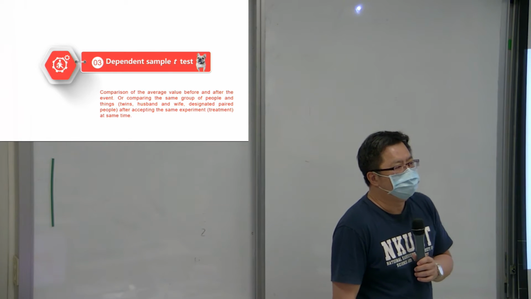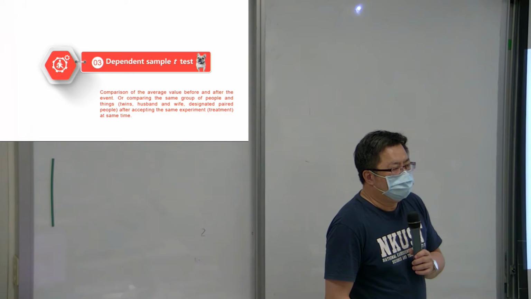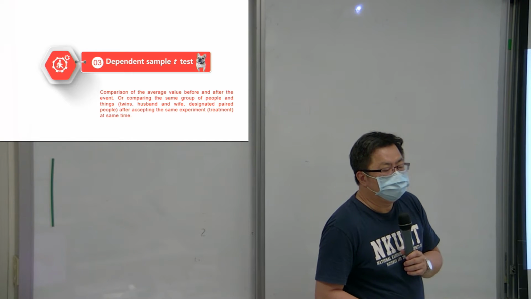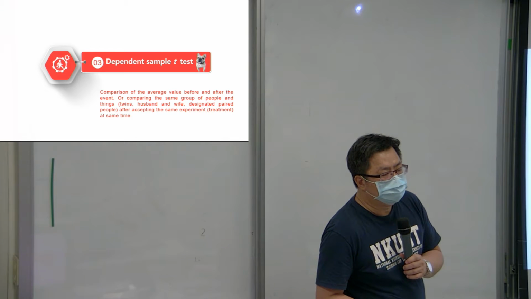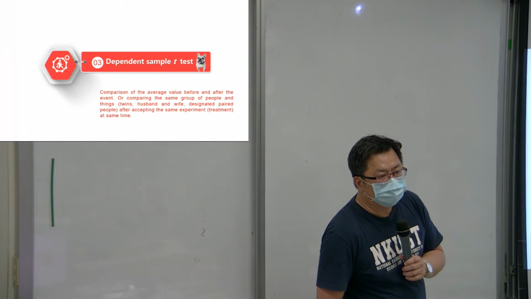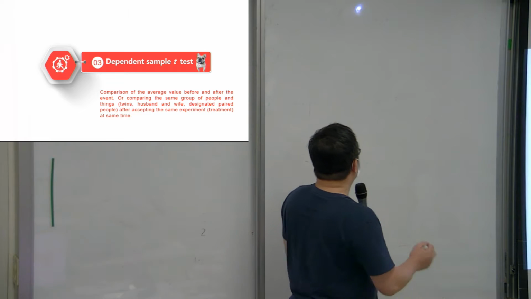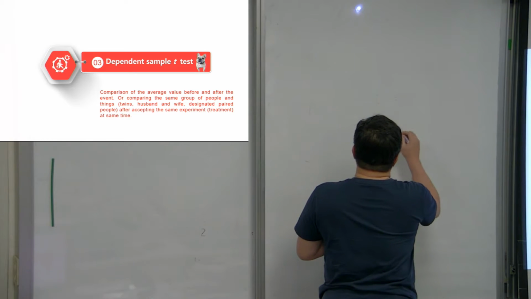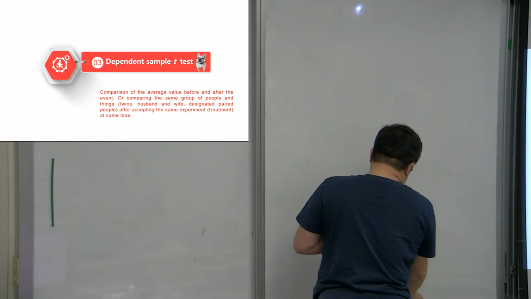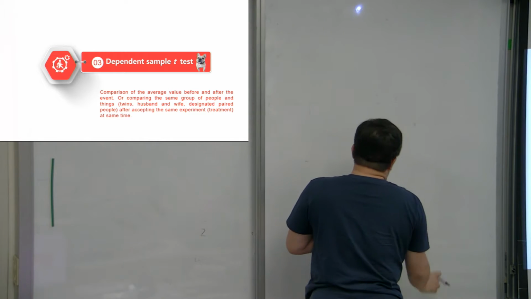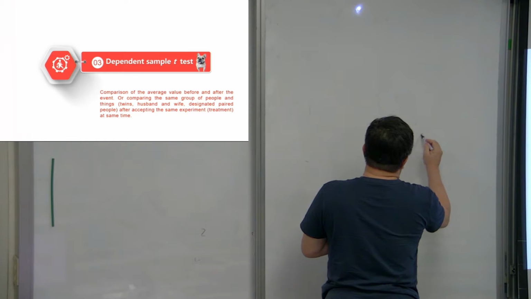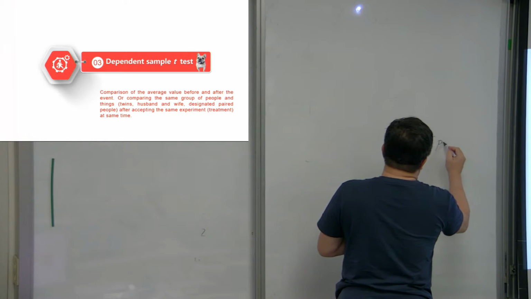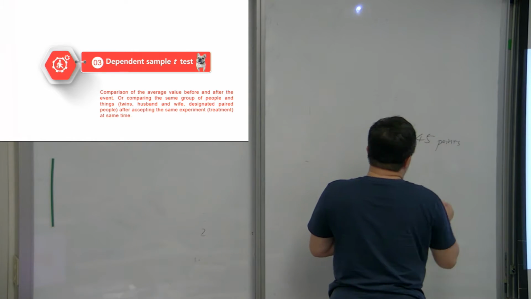For example, before an English language training, our English score may be very low, right? Maybe the average is only 45, very low.